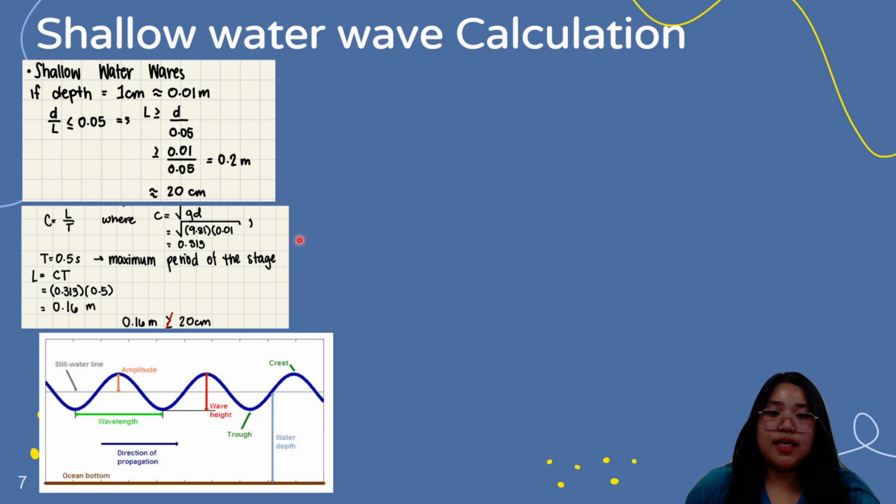Using the wave celerity for a shallow water wave and the dispersion relation, we found that with the maximum period of our stage, the minimum wavelength we can generate is 0.6 meters or 16 centimeters, which is still not greater than or equal to 20 centimeters, but we can generate a 20 centimeter wavelength using our stage, since we can just slow our speed to make a longer wavelength.